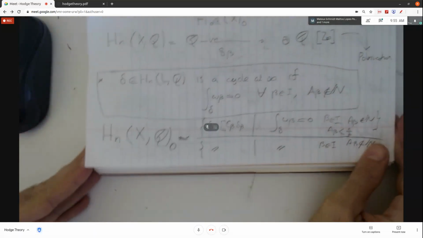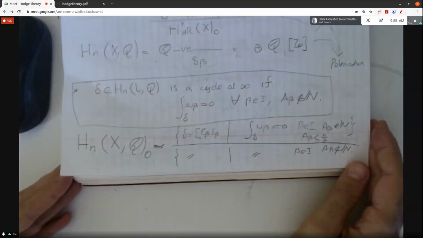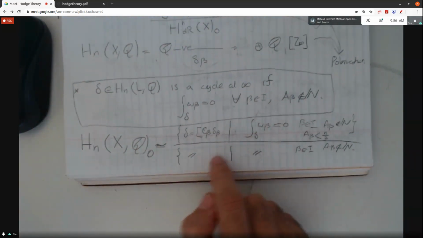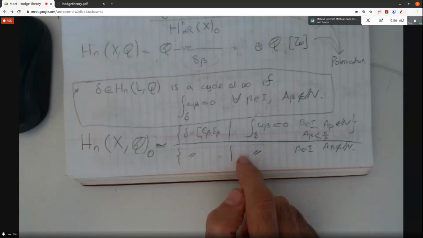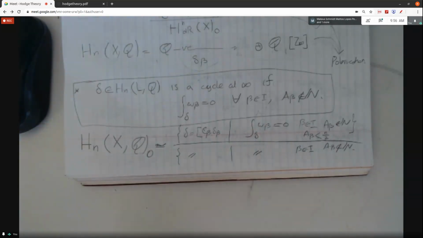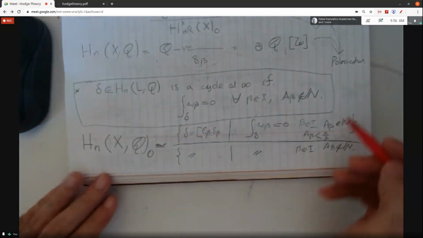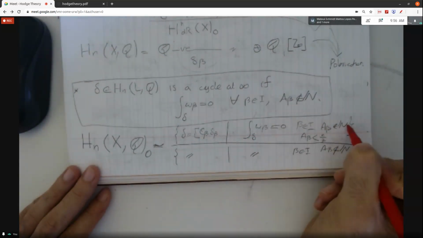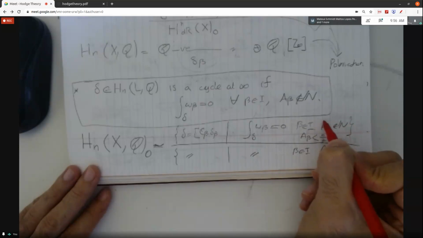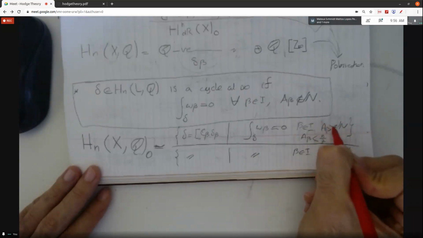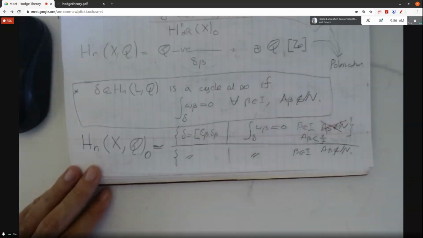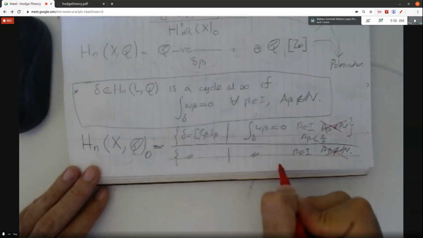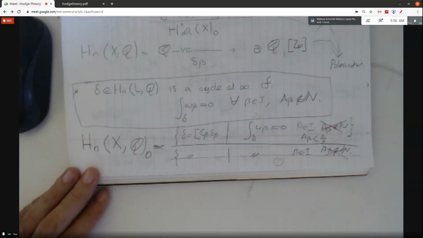What I wanted to say is that Hodge cycles delta are defined modulo cycles at infinity. And the observation that I have made is that if a beta is not an integer and you just remove this one, this will be 0 by the de Rham theorem.